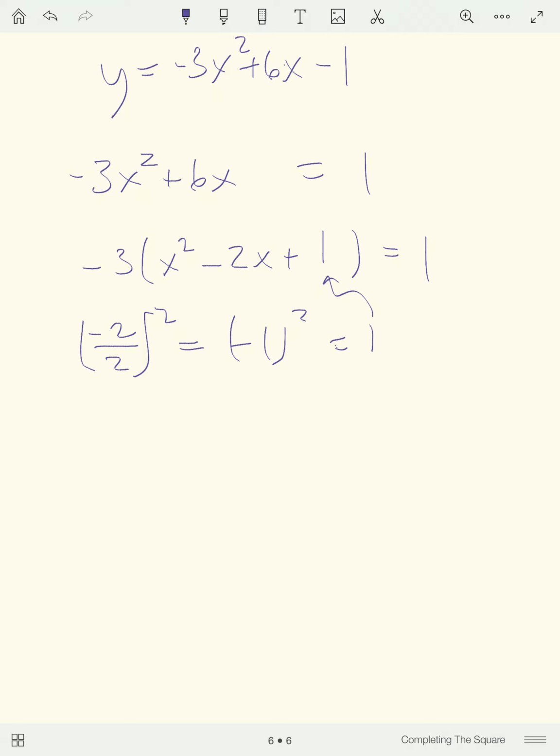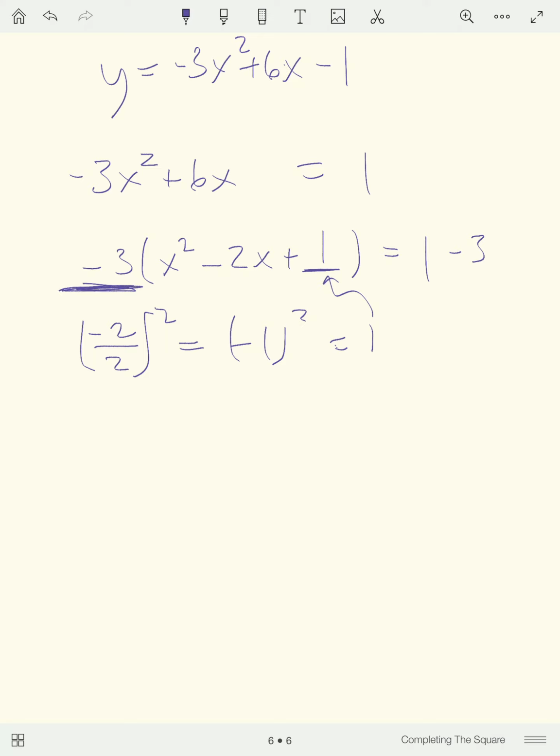And what that means is, in order to do the same thing to both sides, we're not going to add a positive 1 to the right side of our equation. We're going to add a negative 3. Hopefully that makes sense. Essentially, the idea is if we have an a value out here in the front, whatever we add in here is changed by that multiplication.